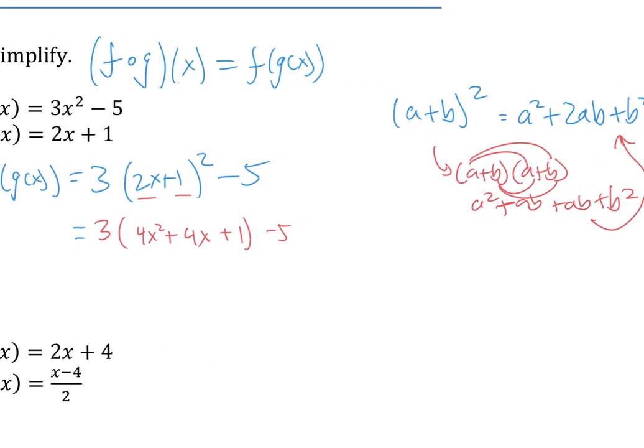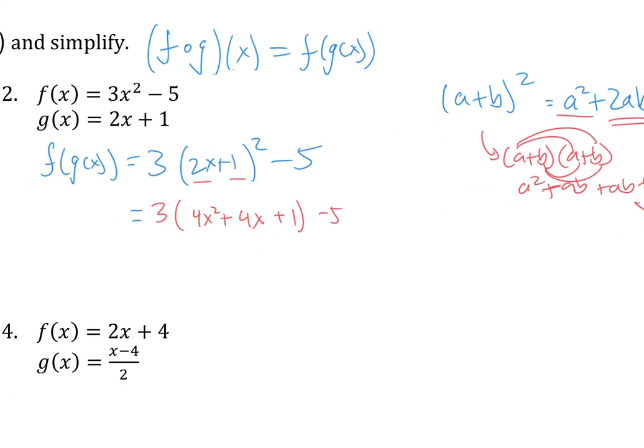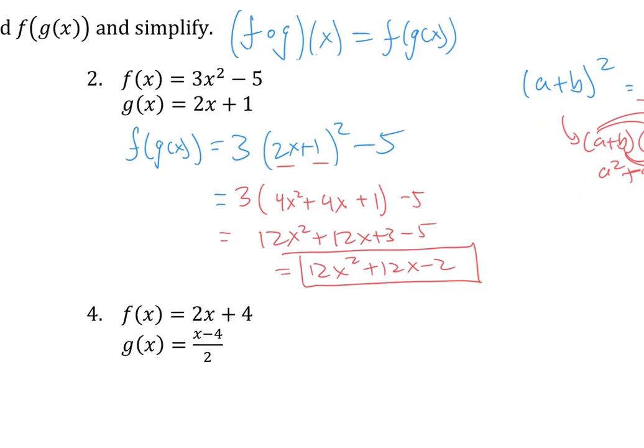Okay? So again, square the first, square the last, multiply and double. All right, let's clean that up. Distribute the 3, 12x squared plus 12x plus 3 minus 5, 12x squared plus 12x minus 2. There you go.